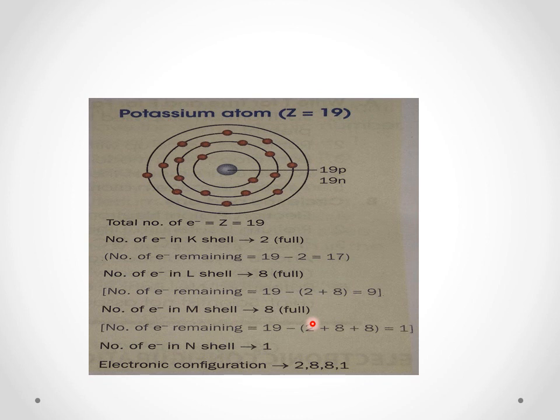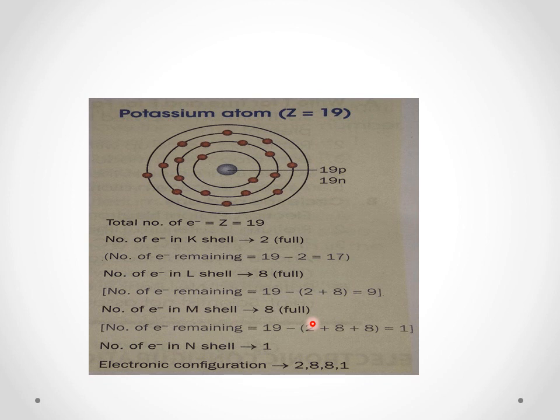Because according to Bohr-Bury scheme, 2n square, maximum electrons in M shell is 18. But we have studied about the octet rule, no? What is it? Yes, the valence shell can accommodate only 8 electrons. If I write the electronic configuration of potassium as 2, 8, 9, M is the valence shell and 9 electrons are there in the valence shell.